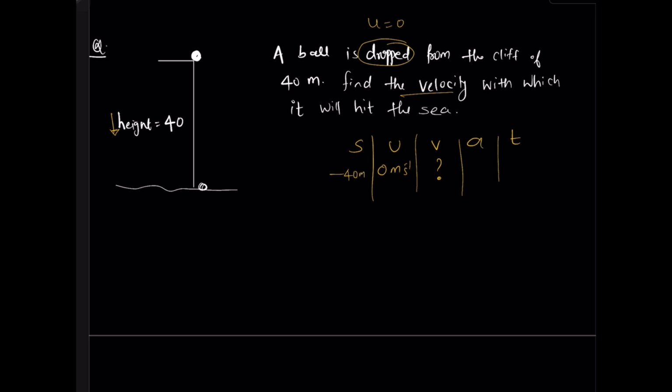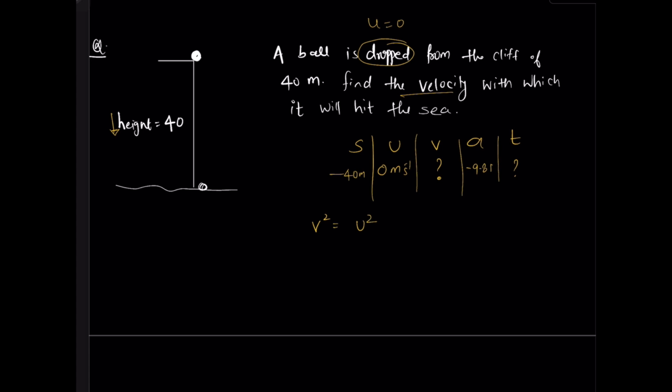Since it's falling freely downward, its acceleration has to be the acceleration due to gravity, so minus 9.81 meters per second squared, and I need to solve for v. Again, time information has not been given, so we don't know that. I can use the timeless equation again.